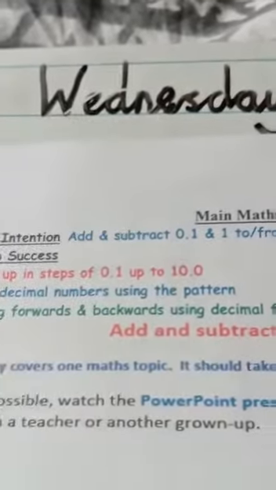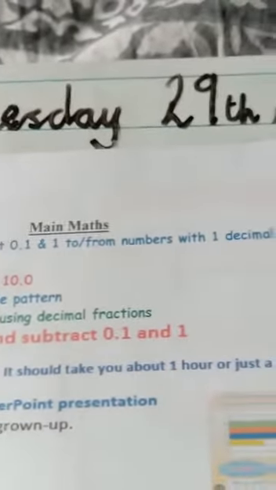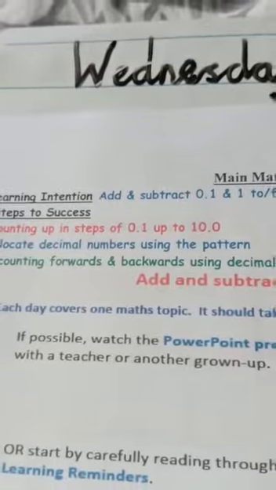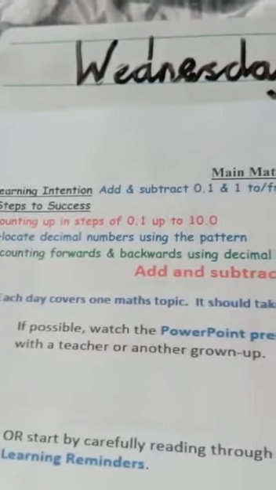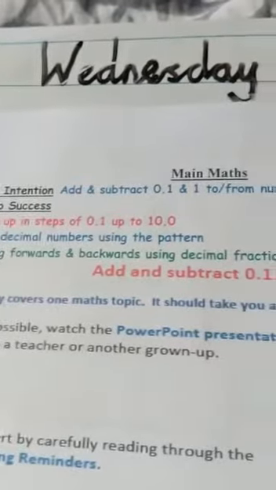Okay, so the main activity for Wednesday the 29th of April, we're going to add and subtract 0.1 and 1 to and from numbers with one decimal place. So we're going to count up in steps of 0.1 up to 10.0, locate decimal numbers using the pattern, and count forwards and backwards using decimal fractions.